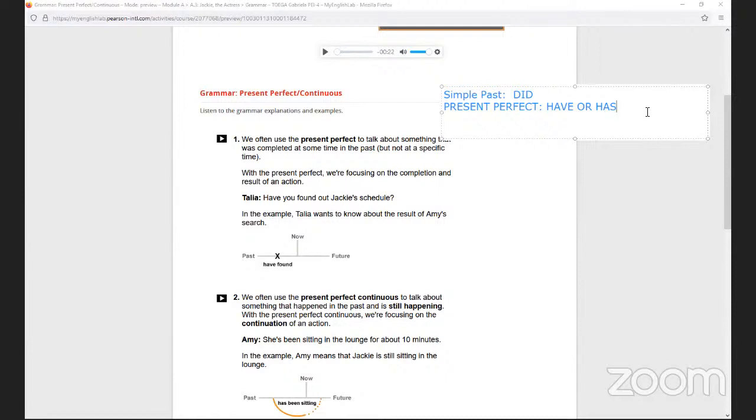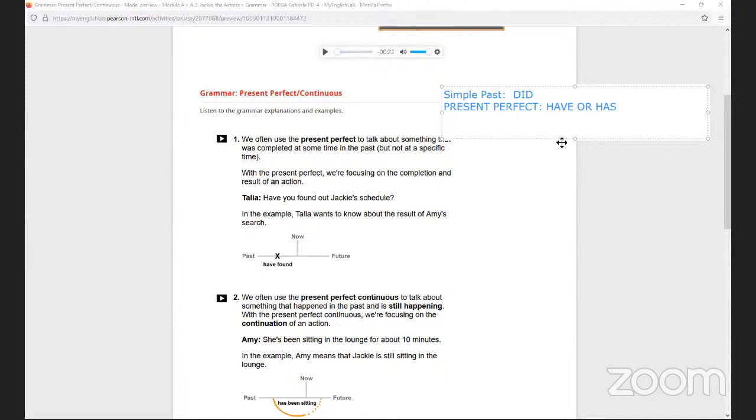For example, I have traveled on Sunday. So what does it mean? That I started my trip on Sunday and I continue traveling, maybe tomorrow, today, I am traveling all these days, okay? So that is the difference.